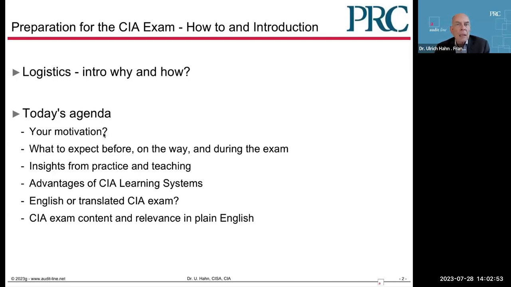That's one side. The other side, as I said, I do run CIA exams since a long time, and we were always looking for material which we can use locally, translate, for example, and that was often difficult with the very big providers.